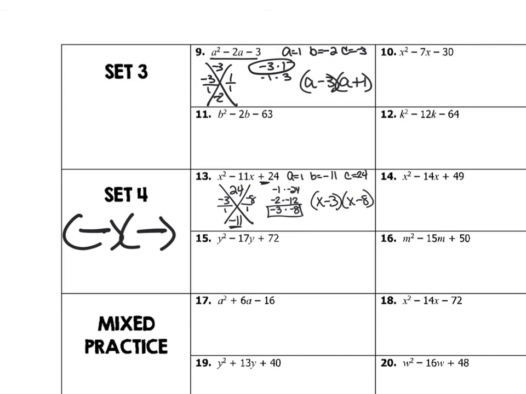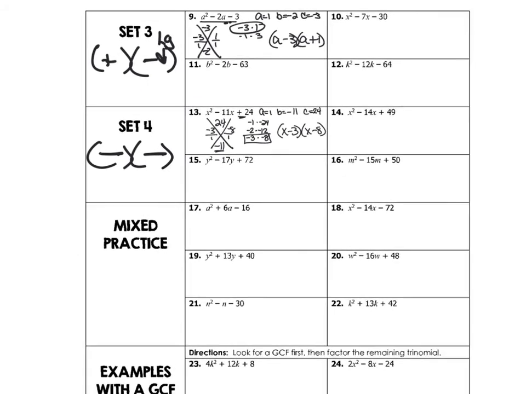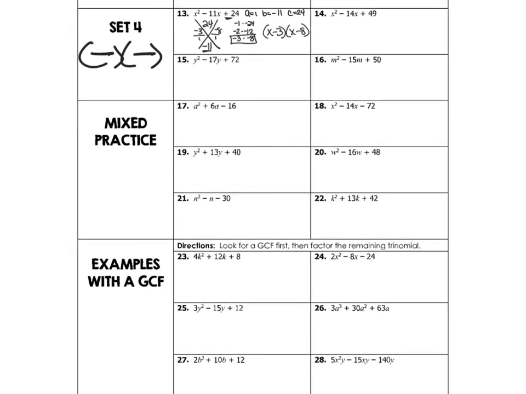When one of them is positive and one is negative, the larger number is the one with the negative. So this is just a mixed set.